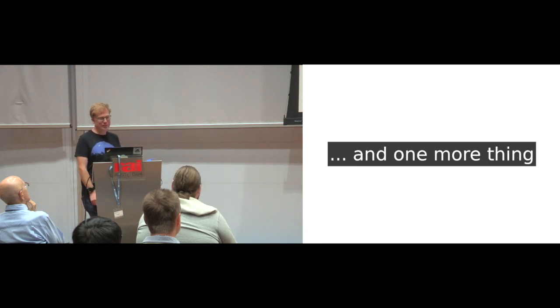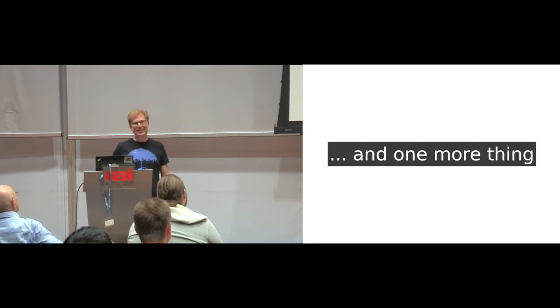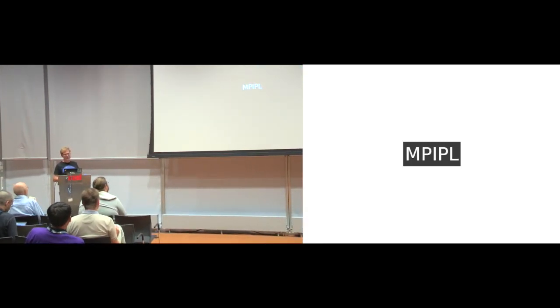And the other type of boot that we have, I just wanted to put in one more thing, because the team scrambled together a demo to do this. We have a thing called MPIPL. This is memory preserving IPL.